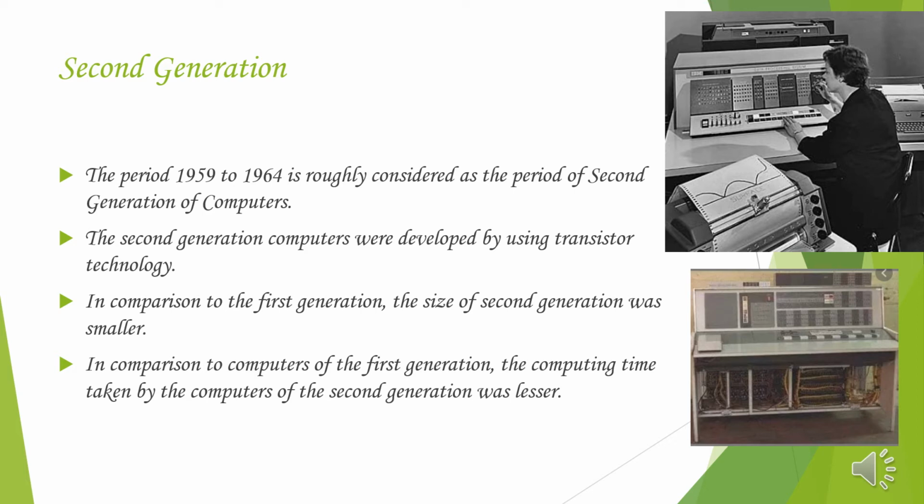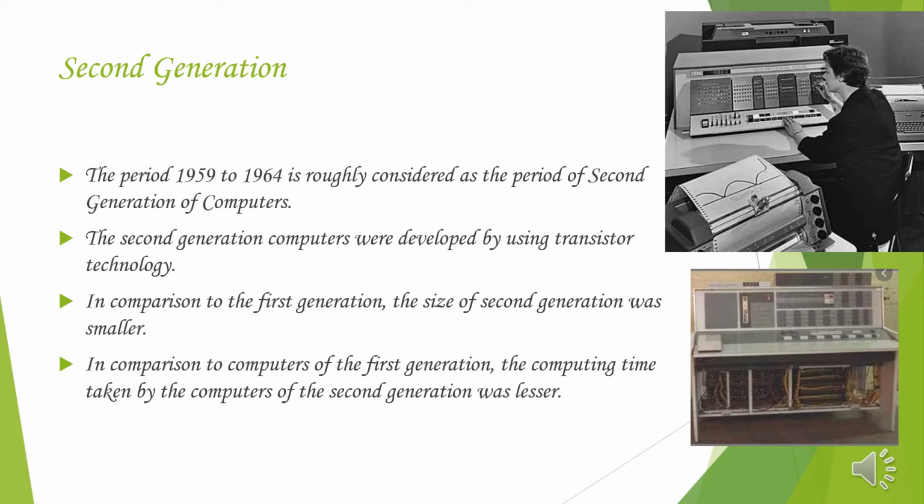In comparison to the first generation, the size of the second generation was pretty small, and the computing time taken was much less. There is an obvious difference between a transistor and a vacuum tube. A transistor is faster, more reliable, smaller and much cheaper compared to the vacuum tube.